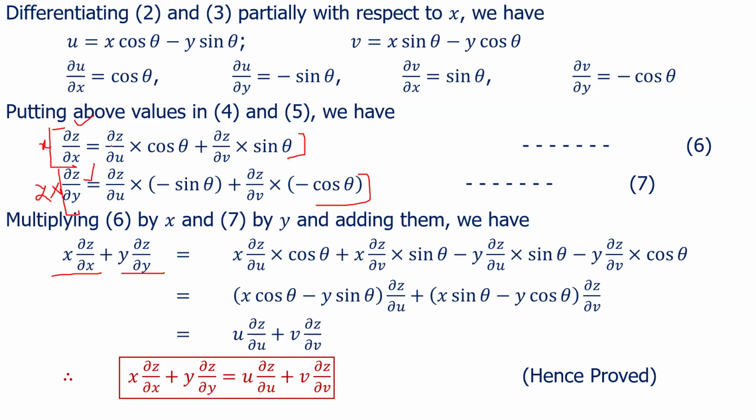Just look here: x into del z del u into cos theta plus x into del z del v into sin theta. And multiplying this by y, minus y del z del u into sin theta minus y del z del v into cos theta.